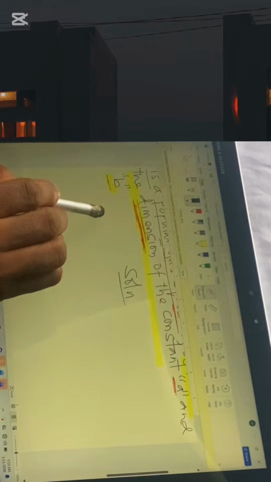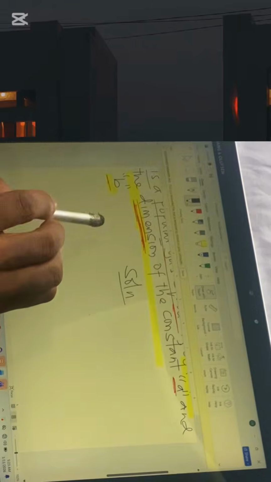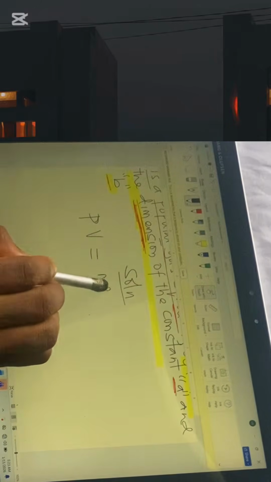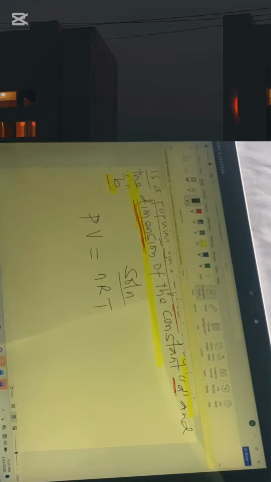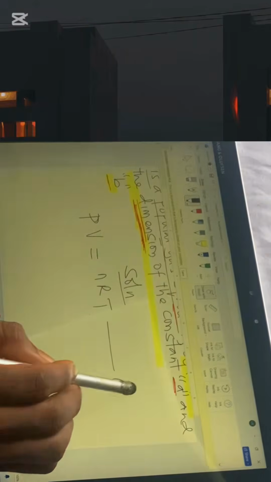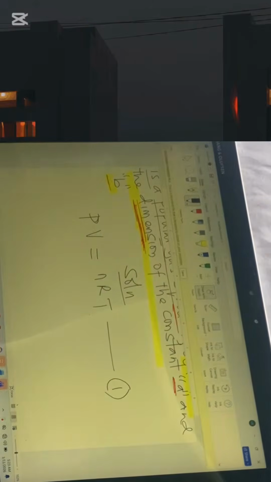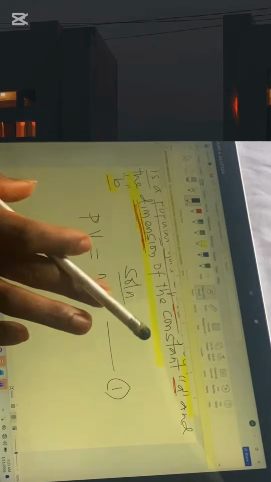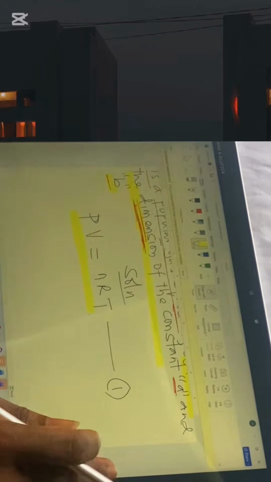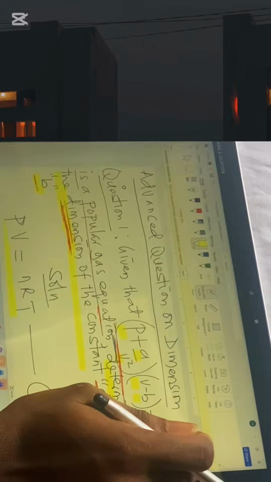The standard equation of the ideal gas law is PV is equal to nRT. We can call this equation 1. Please take note. So we use this first equation to compare with the one given to us in the question.